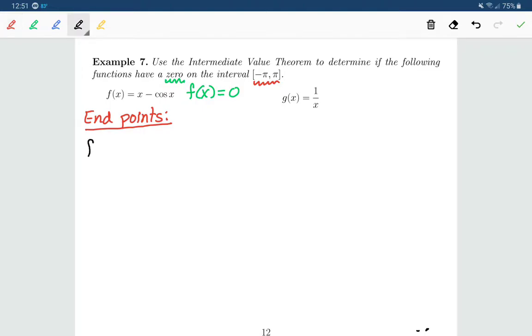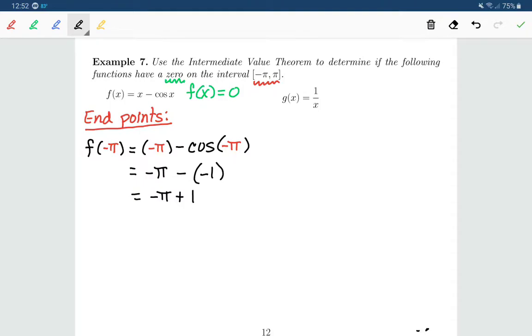So let's take the function and evaluate it at negative pi. When we simplify this, we get minus pi minus, well, the cosine of negative pi is minus 1. So this becomes minus pi plus 1, which is an irrational number.